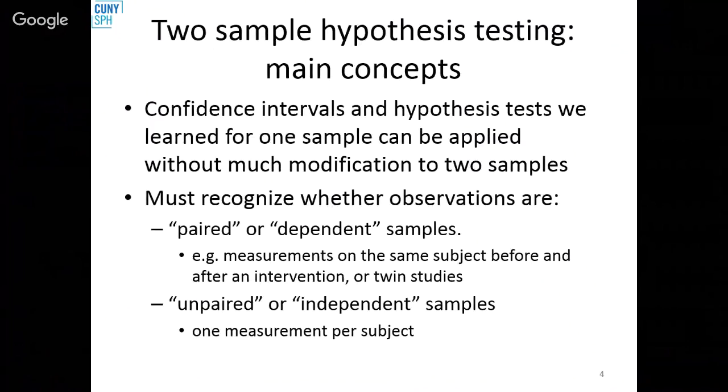So we're going to extend these concepts into two sample hypothesis testing today. And you're going to learn to apply these same ideas and these same calculations to instances where you have two samples instead of one.